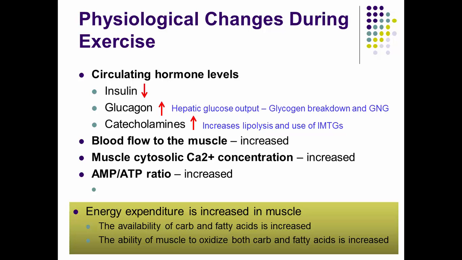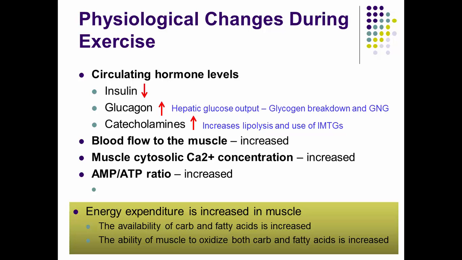And the third thing is that muscle cytosolic calcium concentrations also increase. Muscle contraction requires calcium, right? So this is easy to understand. And the last thing is that the AMP to ATP ratio is also increased. Why is it important? And what happens to, like you just mentioned, GLUT4 translocation and fat oxidation? Yeah, AMPK, right?